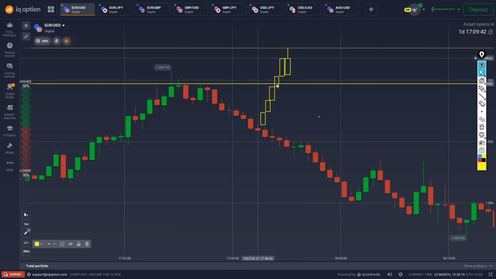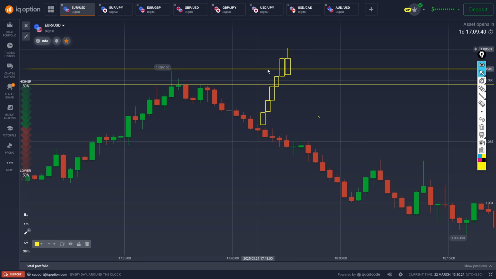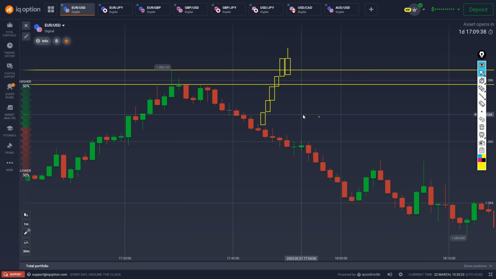But suppose the market was here, and after that it goes up like this, and the next candle it goes up like this, but it closes here and it created this wick.